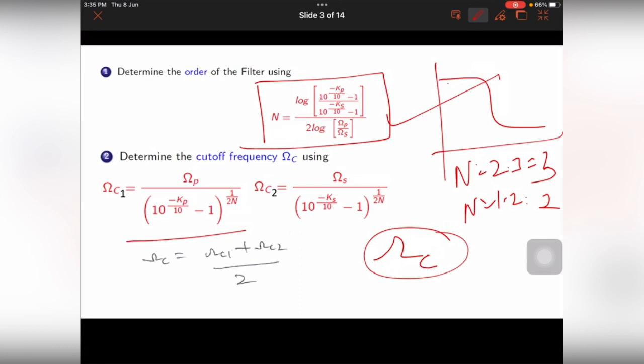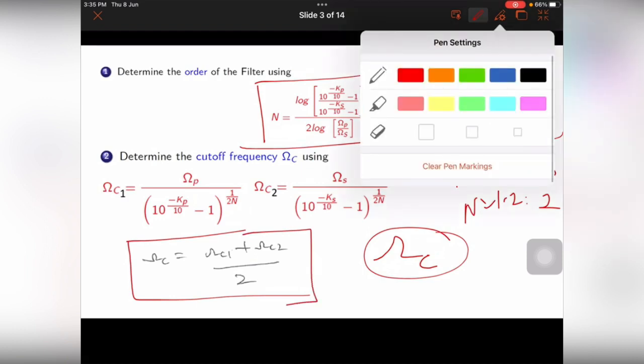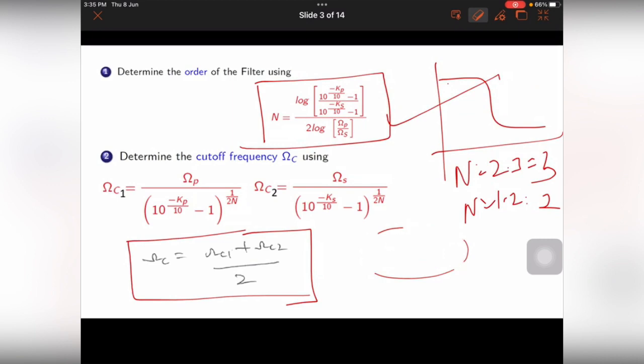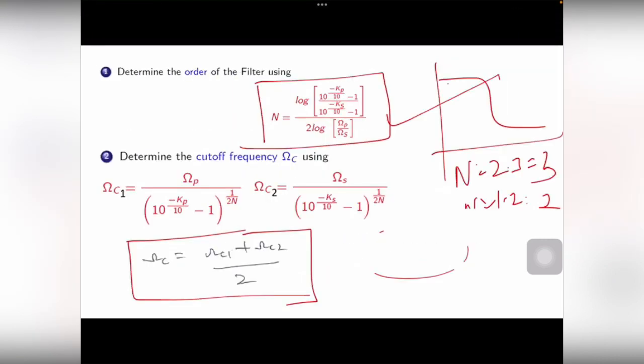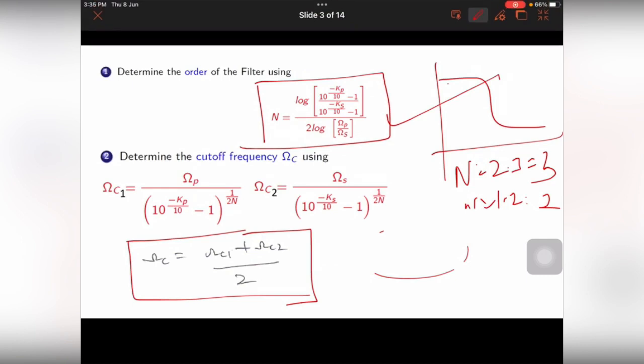Once you find omega c1 and omega c2, you take the average of these two, and you will get the cutoff frequency omega c. Some textbooks take omega c as omega p or omega c as omega s also.